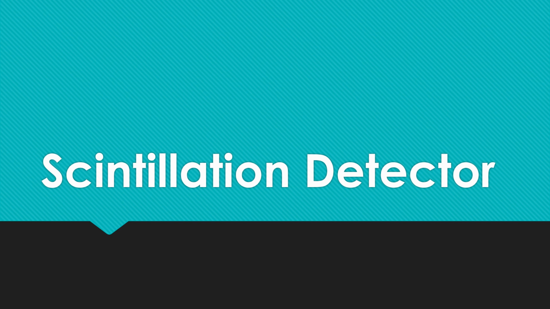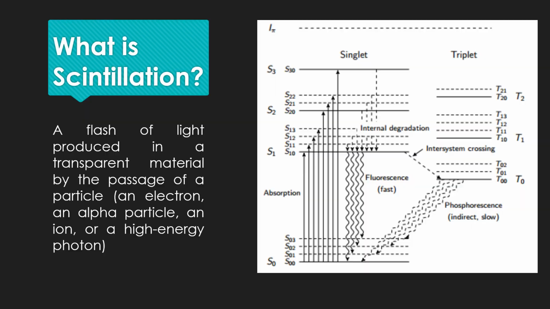Now I'm going to talk about my topic today, which is the scintillation detector. All the above mentioned ideas were to introduce this kind of detector. So what is the scintillation detector? It is a flash of light produced in a transparent material by the passage of a particle, which may be an electron, an alpha particle, an ion, or a high energy photon.